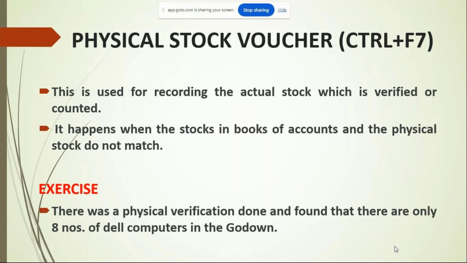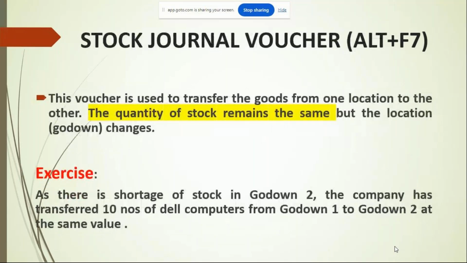Now, the exercise says that a physical verification was done and it was found that there are only 8 Dell computers in the godown. Let me explain this in detail. In the previous case, we had a stock deficiency in the other godown.